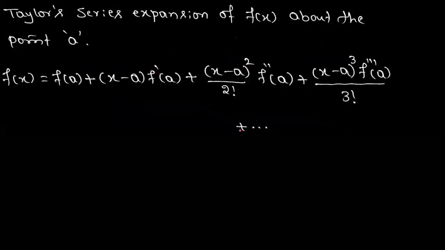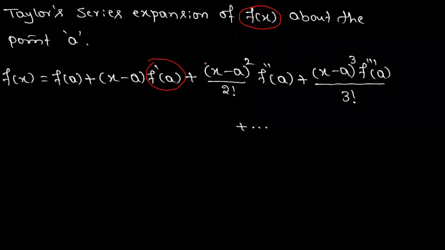How many terms we need to write in the problem? It depends on the question. They will mention how many terms you have to expand. In the question, they will give f of x. We need to find its derivative, its double derivative, and triple derivative, and so on.